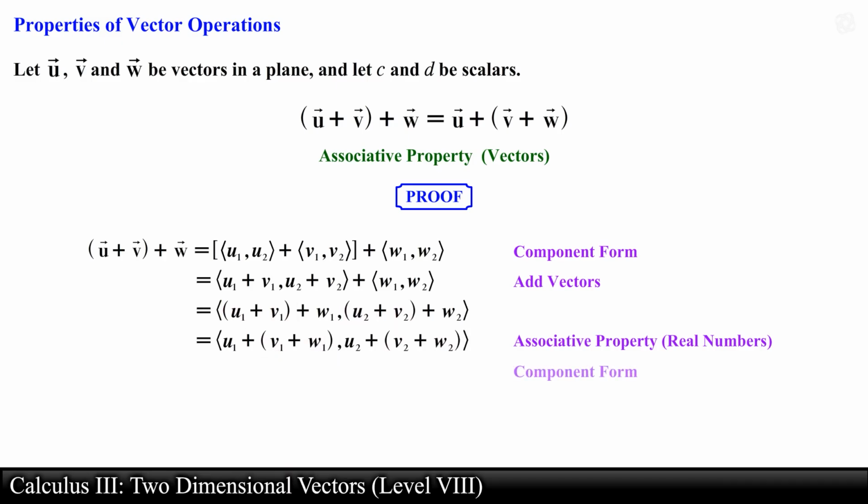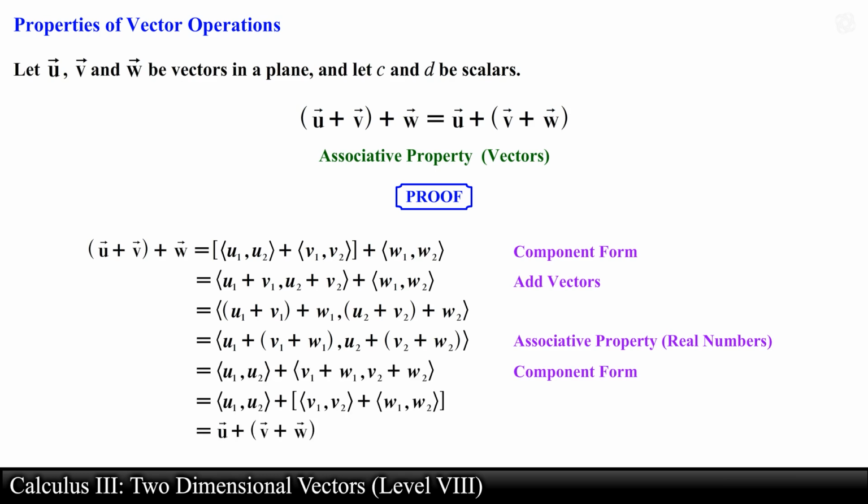Then, it is just a matter of working backwards and rewriting the expressions until we match the target vector expression, as follows. The rest of the vector properties can be proven in a similar fashion. Many of the vector properties will depend on similar properties of real numbers to carry out the proof.